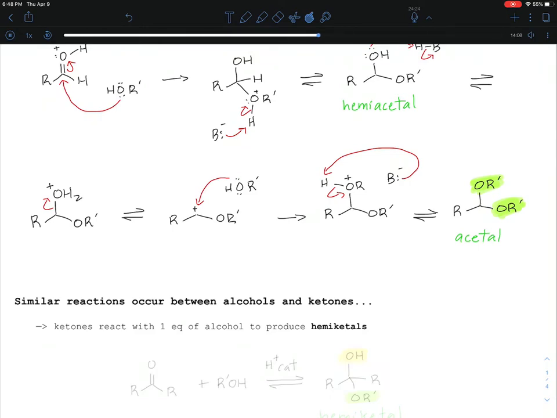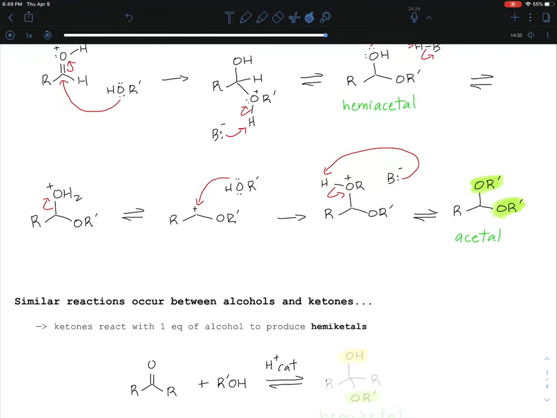So what does this look like? The mechanism is the same, so I'm just going to draw the generic reaction. If I end up with just a ketone here, some generic ketone, and I am going to react this with one equivalent of an alcohol, so I'll just do R prime OH. And I catalyze this with some acid.